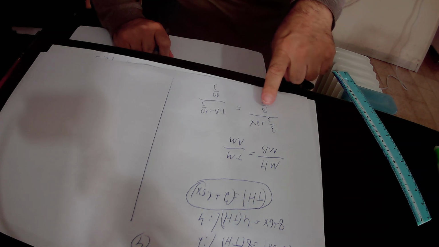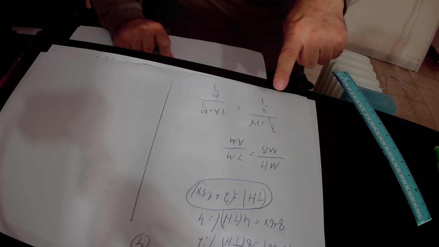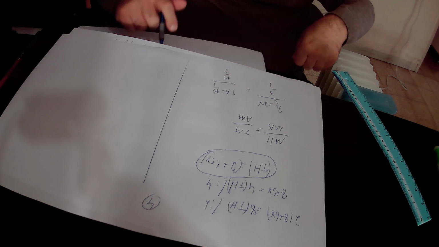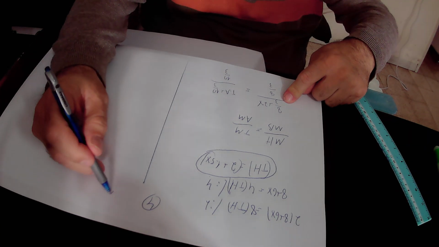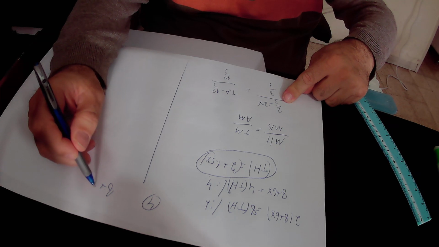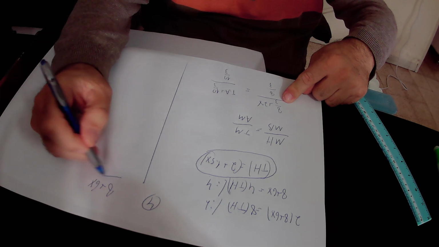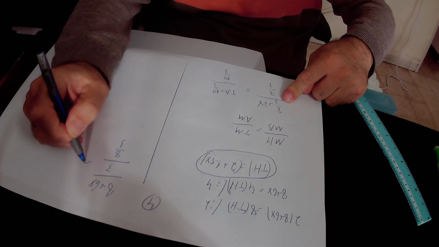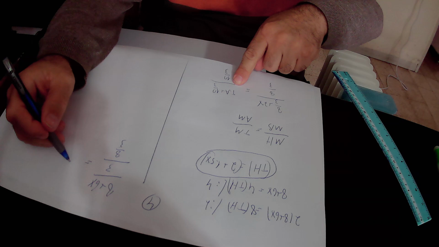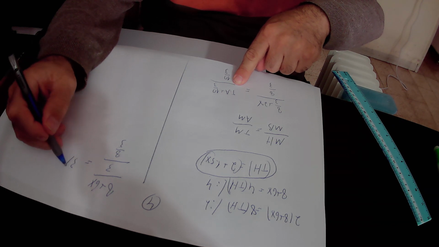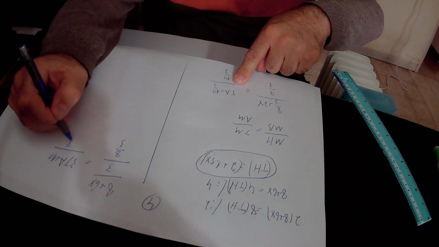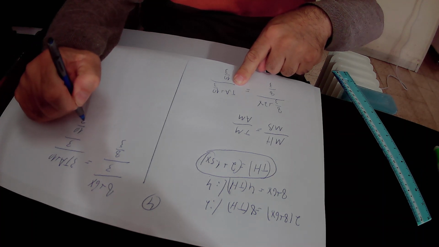Here we multiply 2x by 3 and then divide by 3, and here also we multiply TA by 3 and divide by 3. So in the numerator we have 8 plus 2x times 3 is 6x over 3, over 8 over 3, which equals 3TA plus 10 over 3 over 10 over 3.